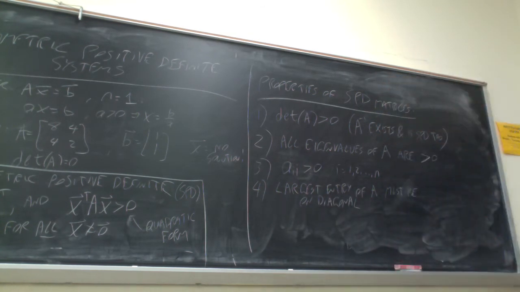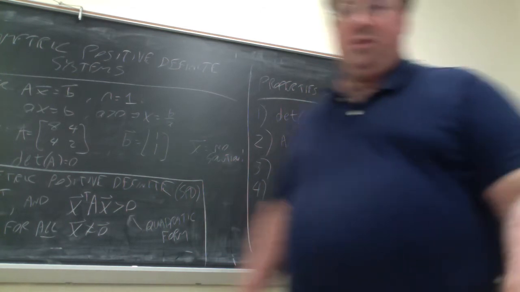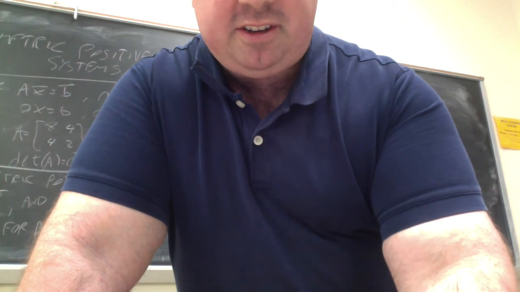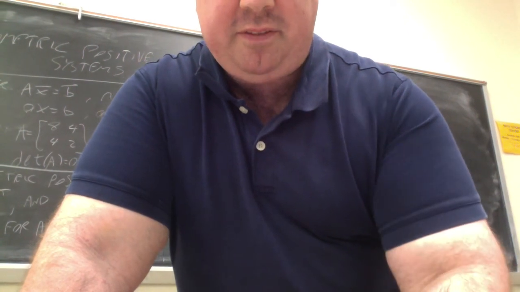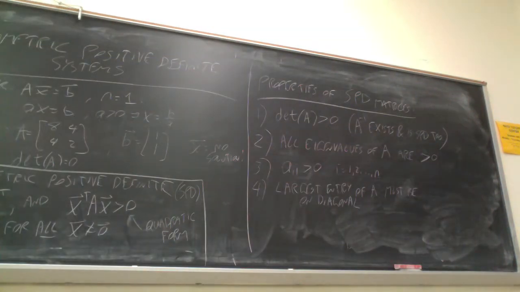We wouldn't say that the matrix is diagonally dominant necessarily, but you generally want to have your diagonal entries larger than your off-diagonal ones to ensure positive definiteness. Okay. And I want to make sure that I'm not forgetting any more properties. Probably not.